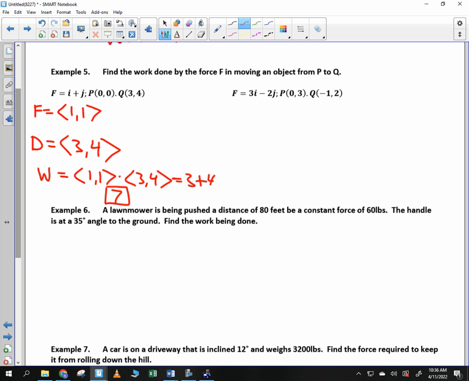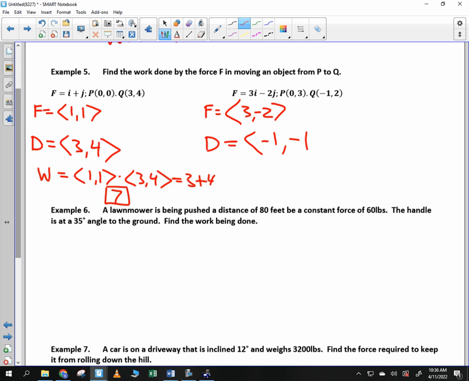Let's try something slightly different. I have a force, so F is equal to <3, -2>. And then I have a distance. If I move an object from P to Q, and it goes from (0, 3) to (-1, 2), if it goes from 0 to -1, how far has it moved horizontally? Negative 1 unit, right? You always take the latter minus the former. So it's -1 minus 0. If you move from 3 to 2, how far is it going?